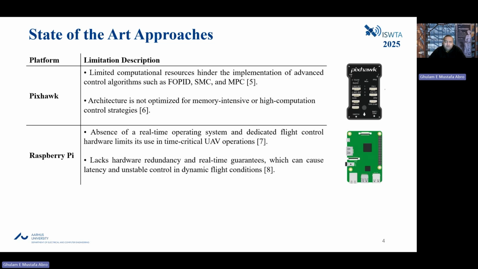So people are also trying to explore the potential of Raspberry Pi for control algorithms. To the best of our knowledge, Raspberry Pi is not a real-time operating system, and it is very critical to use it for UAV operations. Mainly, people are using it for computer vision-based control, and because of its lack of hardware redundancy, it might cause a lot of latencies and unstable control in dynamic flight operations.